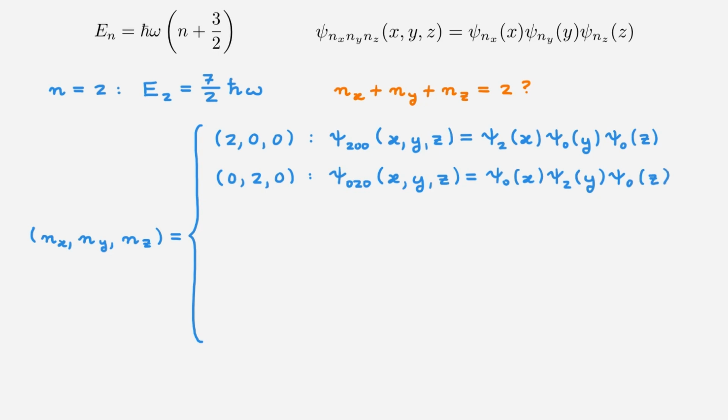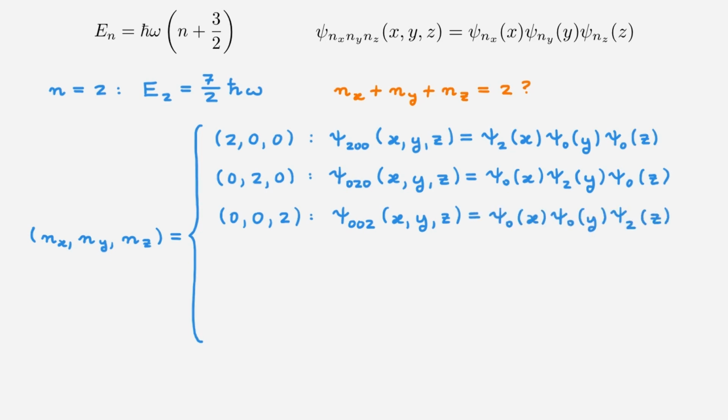And we also have 0, 0, 2 with the corresponding wave function given by this other product. Now this situation is essentially equivalent to the one that we had for the first excited state, in the sense that the excitation is along one direction only, and it can be along x, y, or z. And the only difference is that we're now adding 2 quanta of energy.